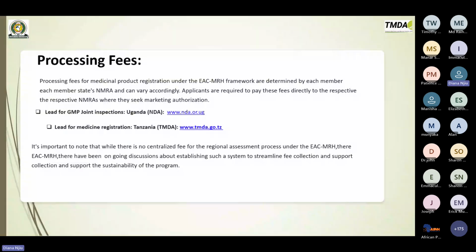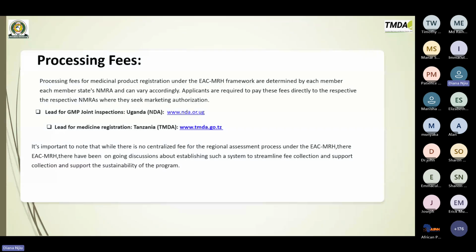It is important to note that while there is no centralized fee for the regional assessment process under the EAC MRH, there have been some ongoing discussions about establishing such a system to streamline fee collection and support the sustainability of the program.